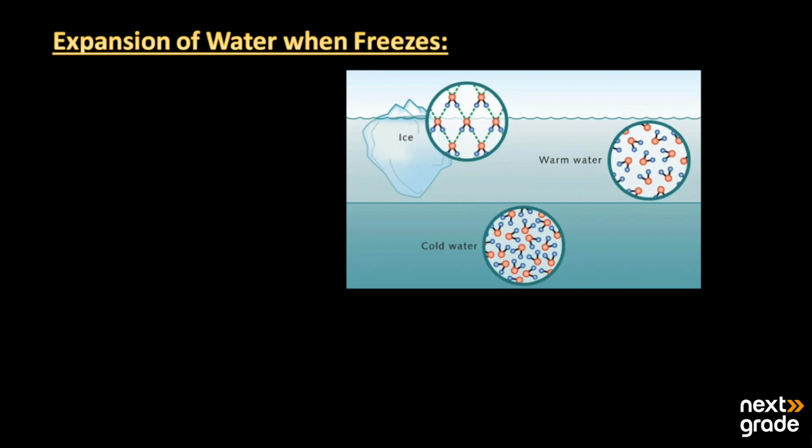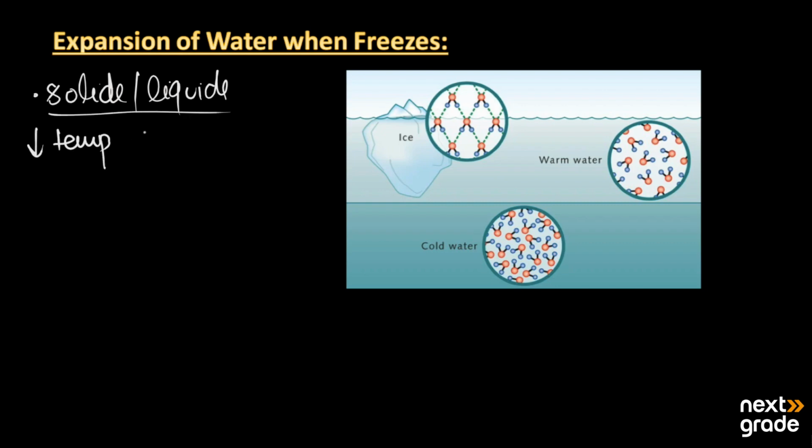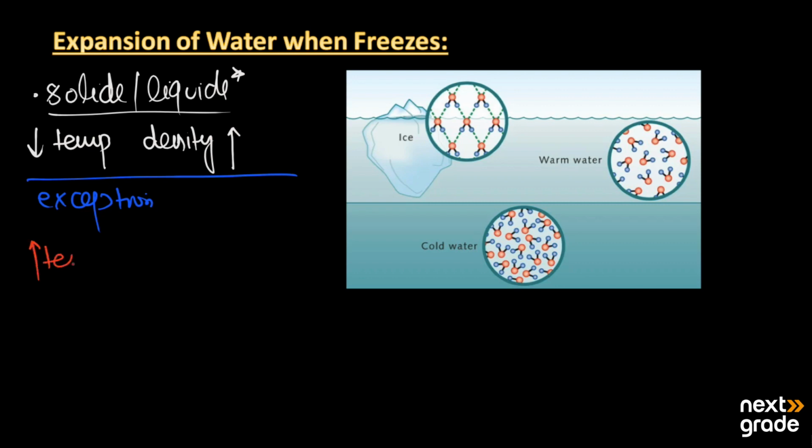Basically, there are many solids and liquids. When we decrease the temperature, the density of these solids and liquids increases. But on the other hand, water is an exception: when we increase the temperature, its density decreases.